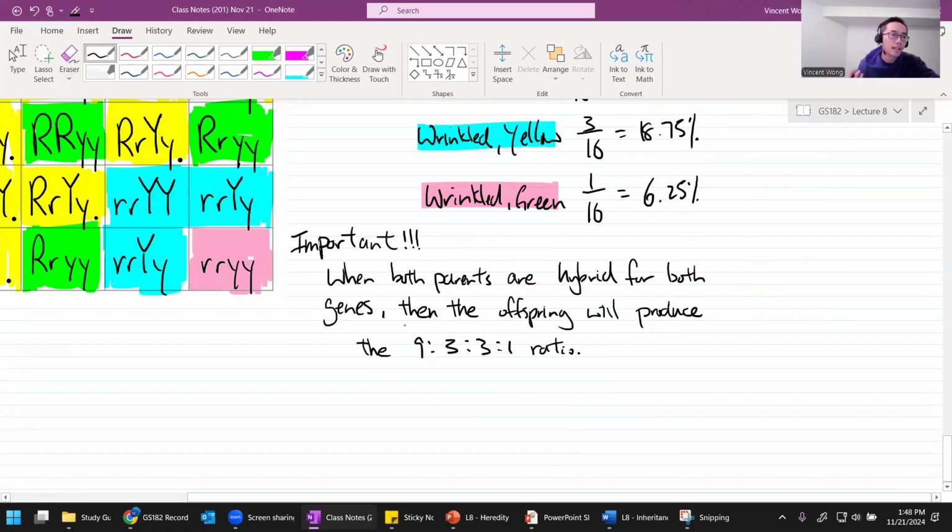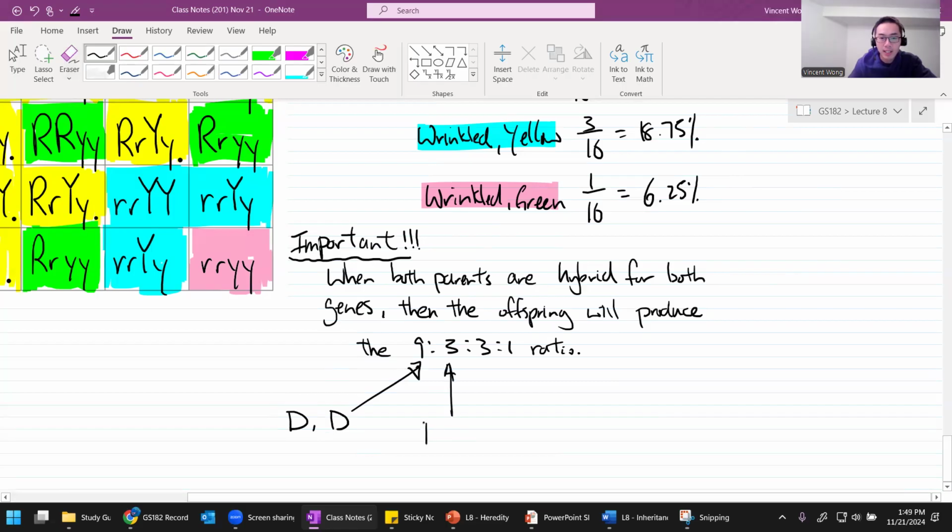Okay. What does that mean? 9 out of the 16, and again, you know it's 16 because 9 plus 3 plus 3 plus 1 is 16. So 9 out of 16 would be offspring that possesses the dominant allele for both traits. So yellow and round in this case. Okay, dominant, dominant. Not surprisingly, that would be the most common phenotype.